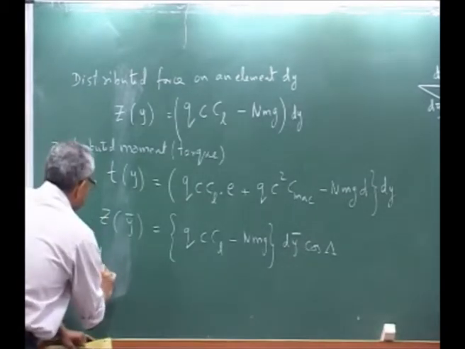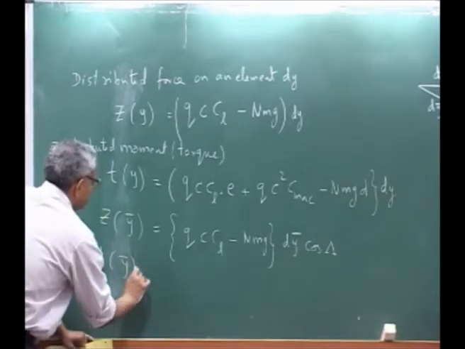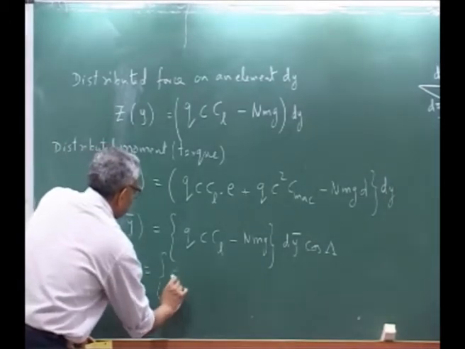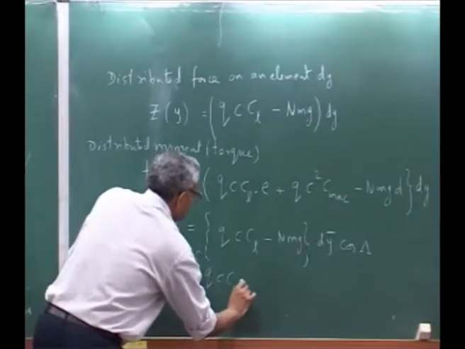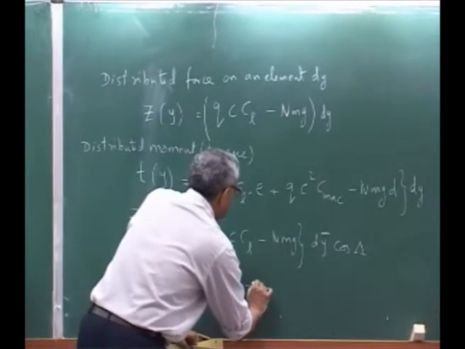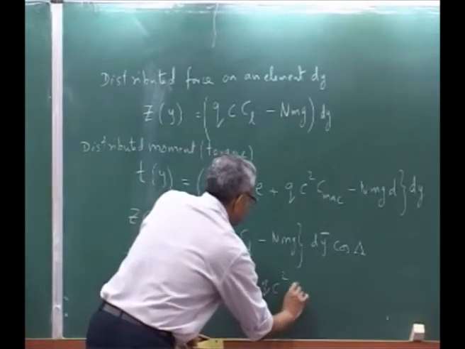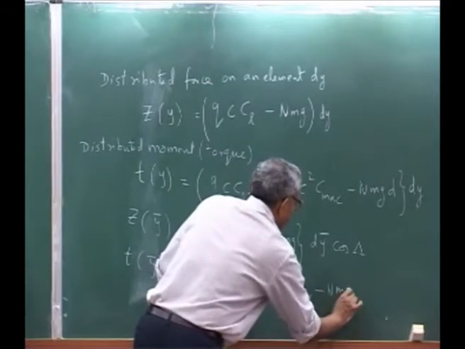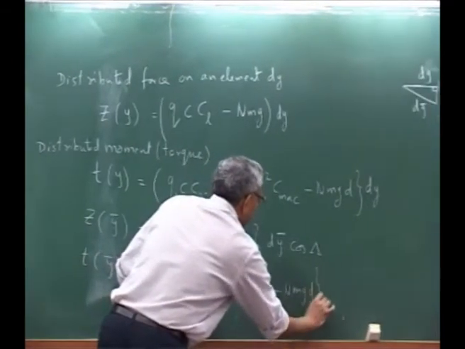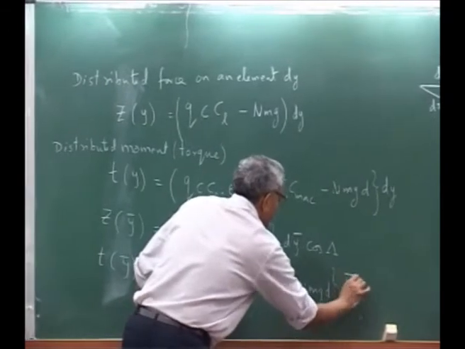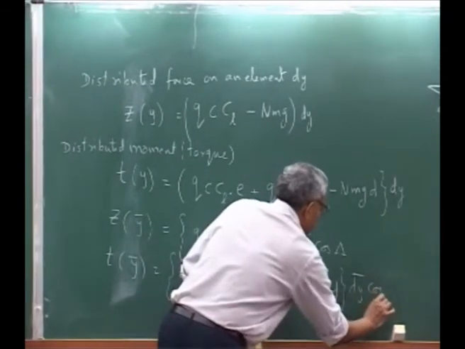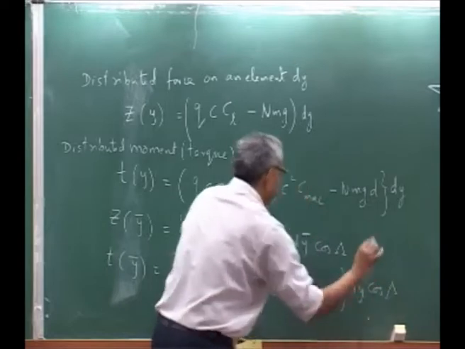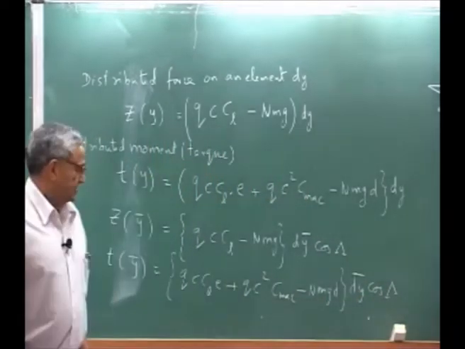Similarly, I will write the torque or the twisting moment. This will be q c CL e plus q c square CM AC minus N m g d, again dy bar cosine lambda.